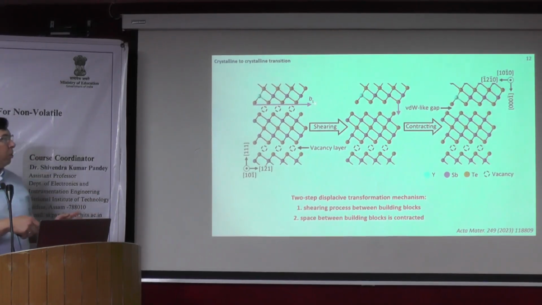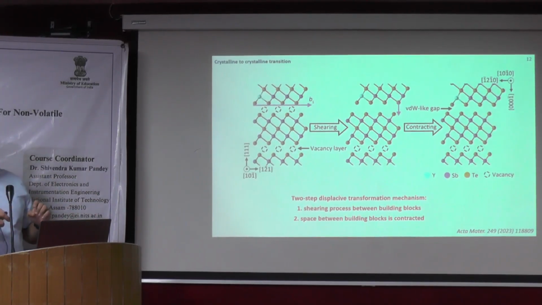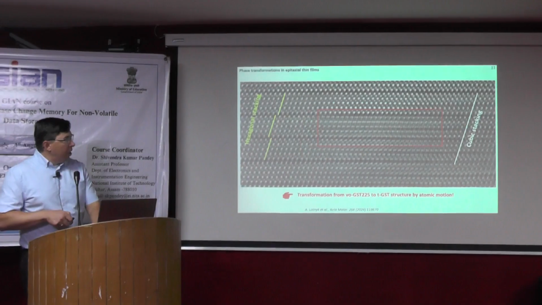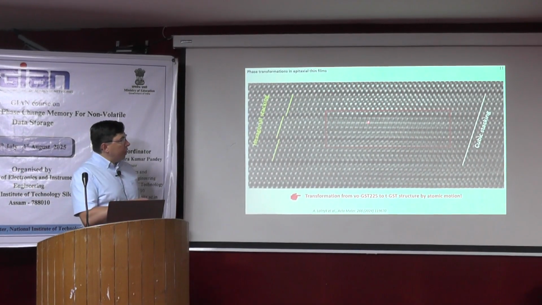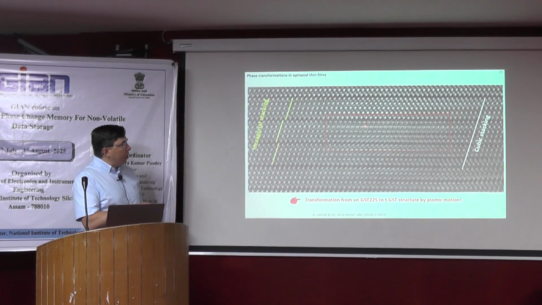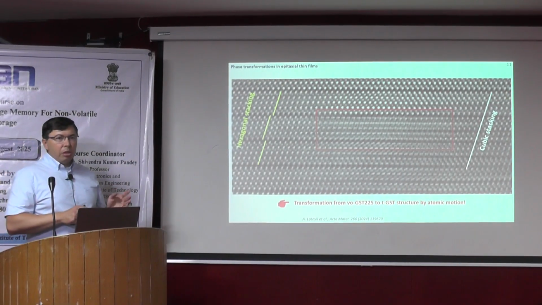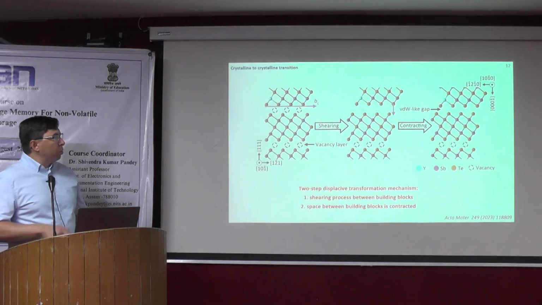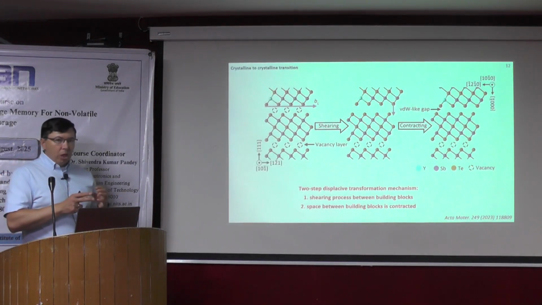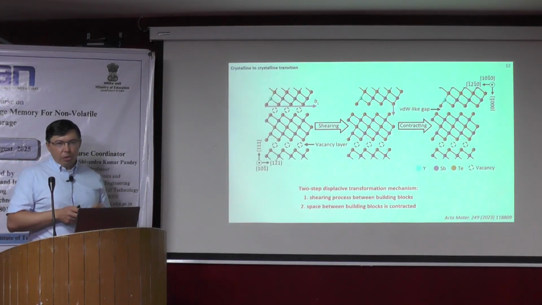So there is no bond breaking, and that doesn't reduce the bond length. They are shifted here, maybe here. If you see here, the atoms shift on a very short distance. So they assume there is no bond break and maybe a little bit of contraction, but not much.